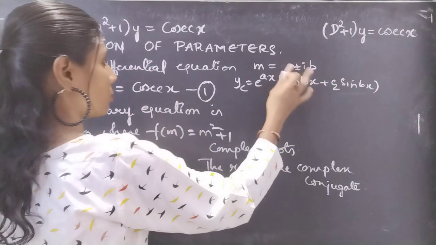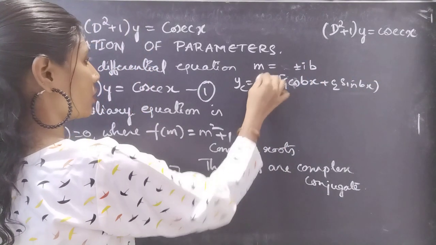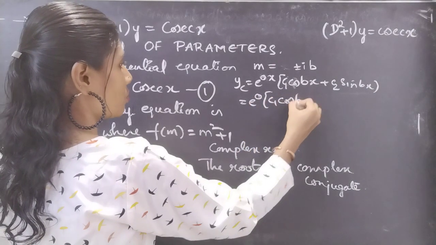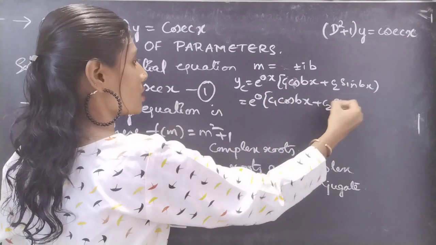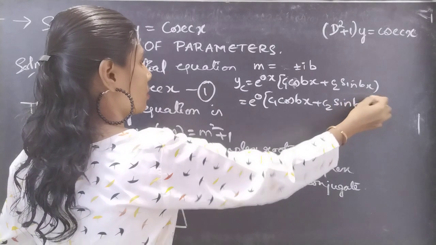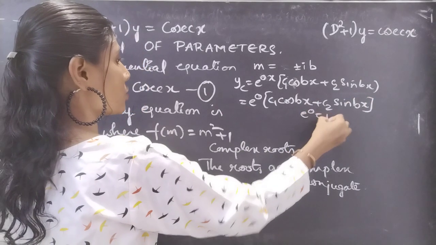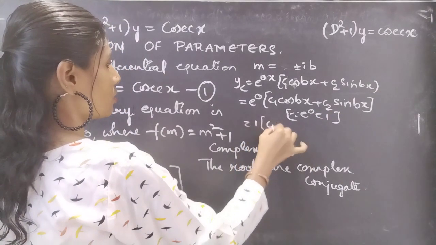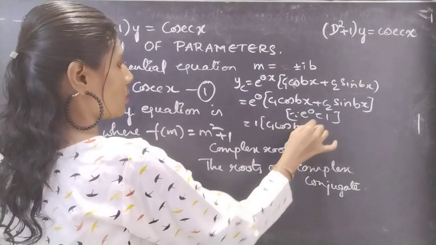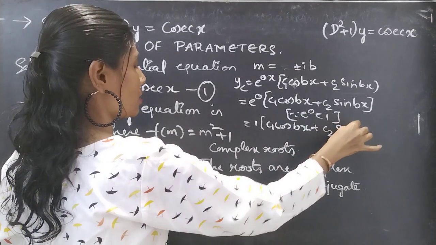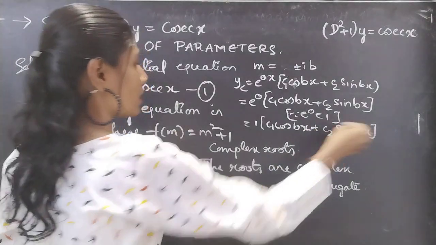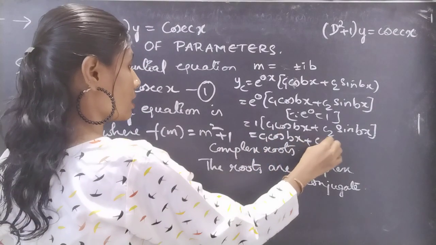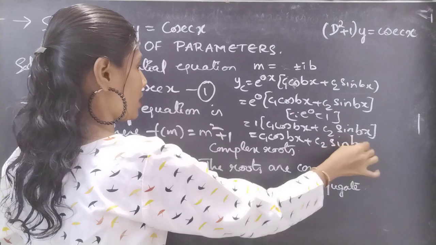If a equal to 0, you'll get e power 0 into x, which is e power 0 into (c1 cos bx plus c2 sin bx). Since e power 0 equals 1, yc becomes c1 cos bx plus c2 sin bx.